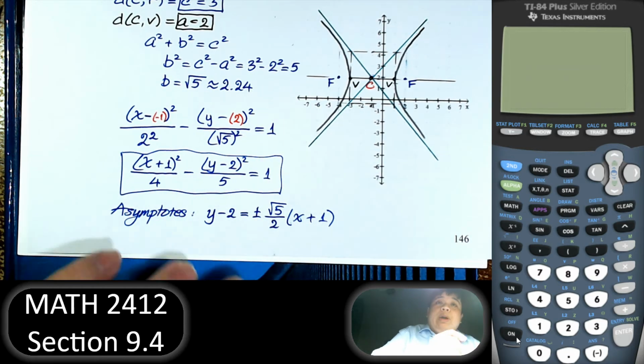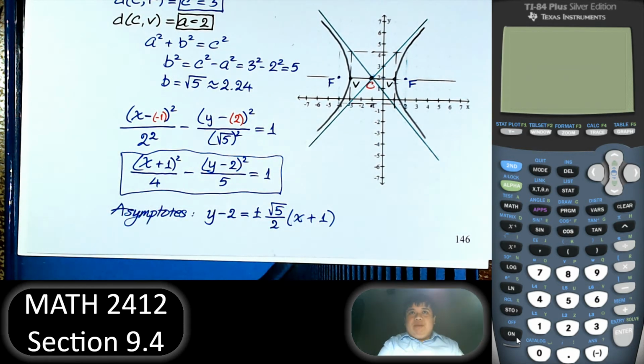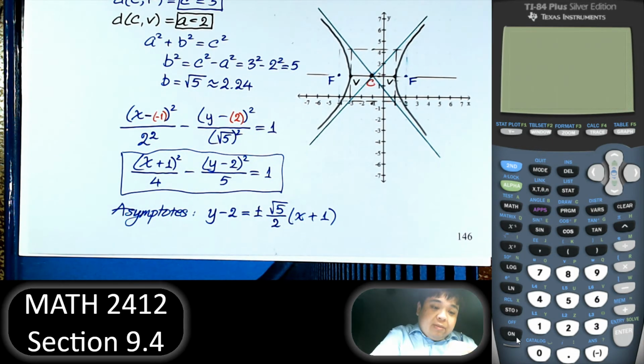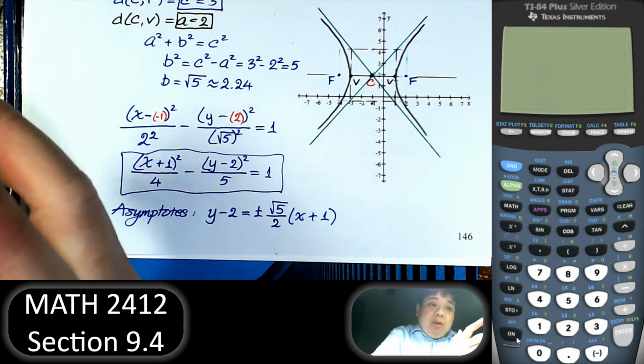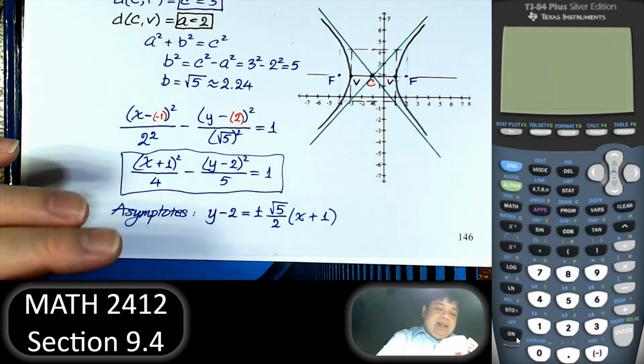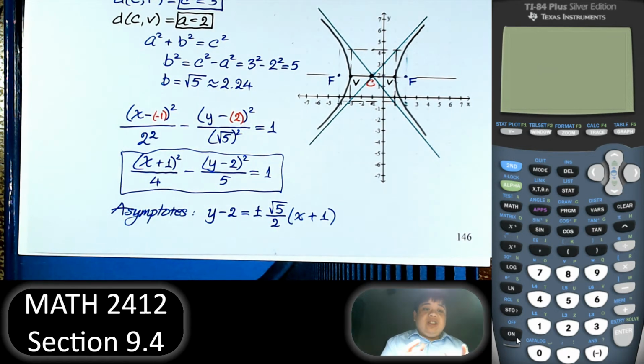Yeah, so if we have the center, just consider that in the equation of the asymptotes as well. Right, like I said, you don't need to memorize anything. Just know the characteristics of the hyperbola. Right, so we have the asymptotes.